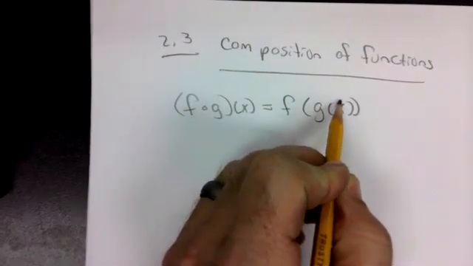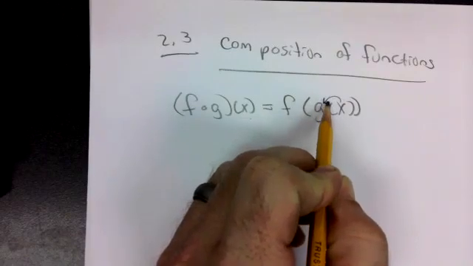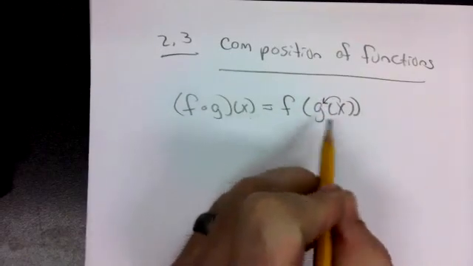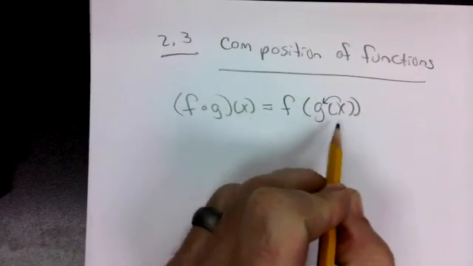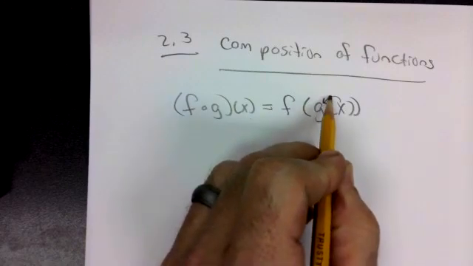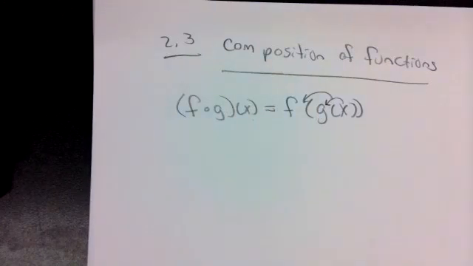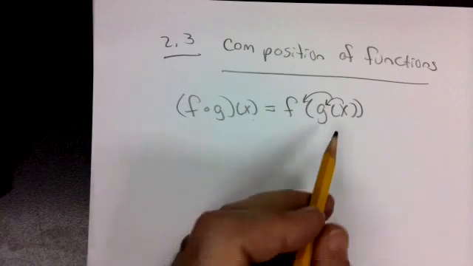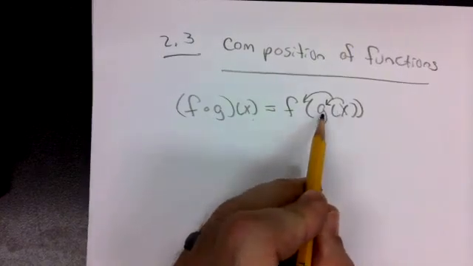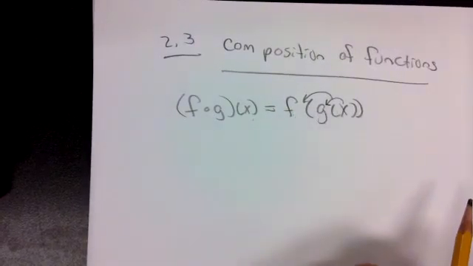So again, whatever we have here, we're plugging into the g function, solve that, then whatever full answer we get, we plug that into our f function. So again, looking at your parentheses, we work this from the inside out.